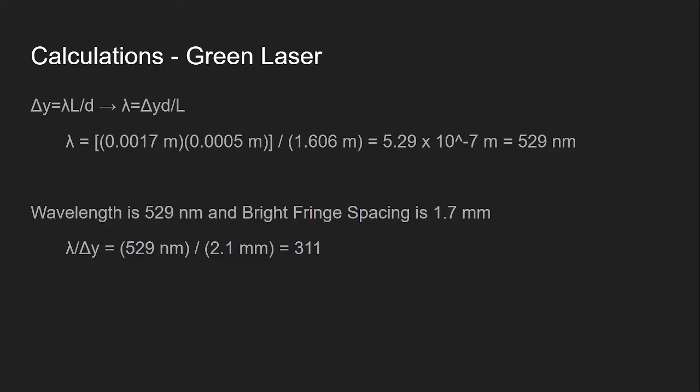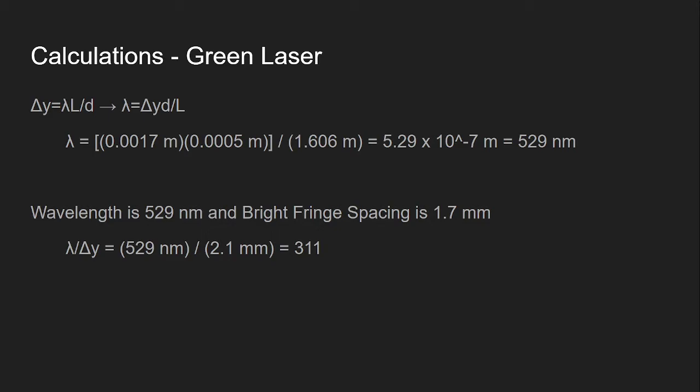So moving to our calculations with the green laser, looking back at our equation, we used 0.0017 meters times 0.005 meters over 1.606 meters. That gave us 5.29 times 10⁻⁷, also known as 529 nm. So the wavelength that we calculated was 529 nm, and the bright fringe spacing was 1.7 millimeters.